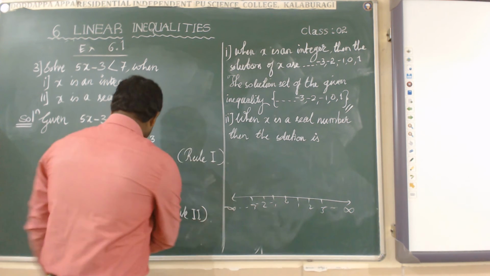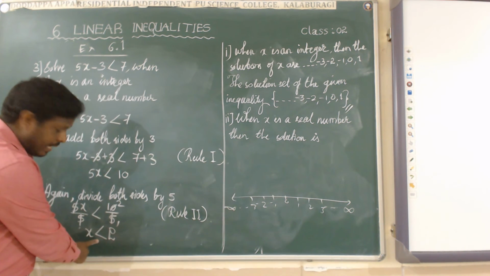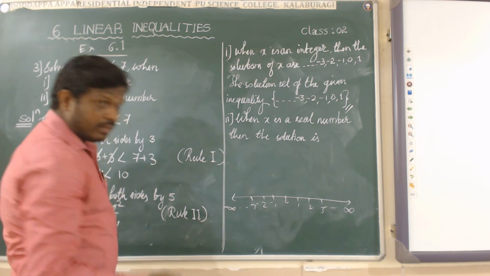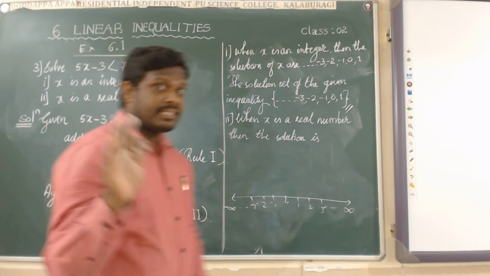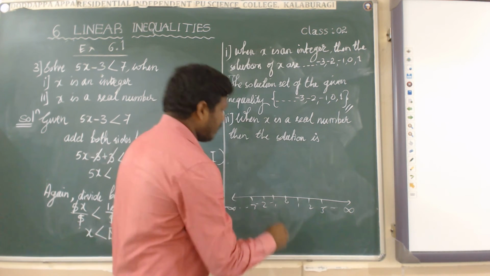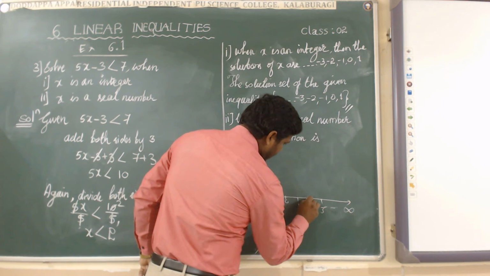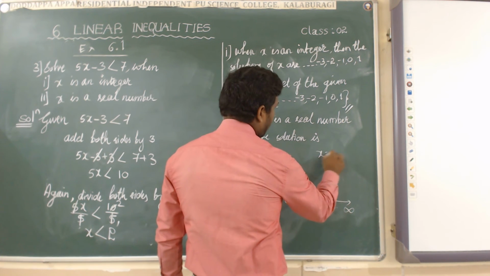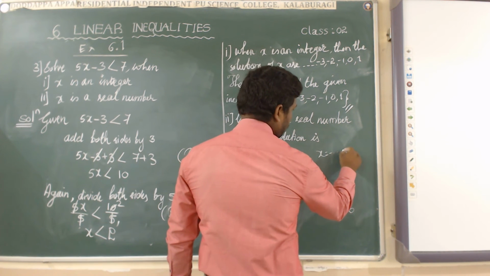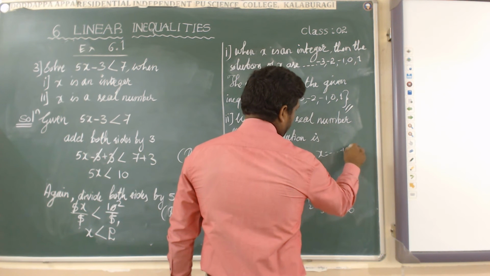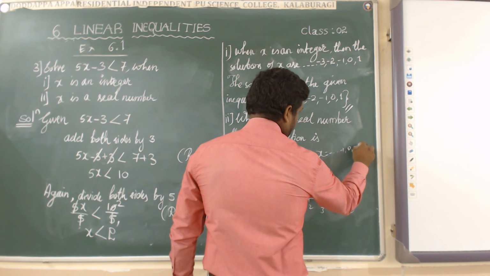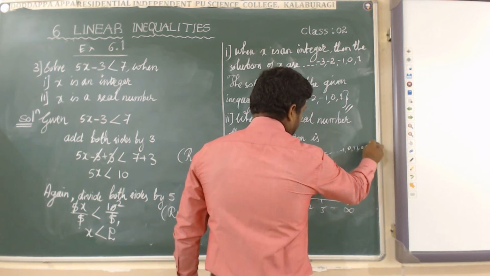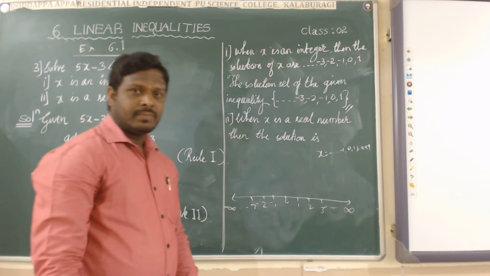The statement is, what is there? x is less than 2. We have to come nearest to 2. The value of x in real numbers will be coming 1.99999. Getting my point? The value of x will be coming from minus 1, 0, 1, up to 1.99999.